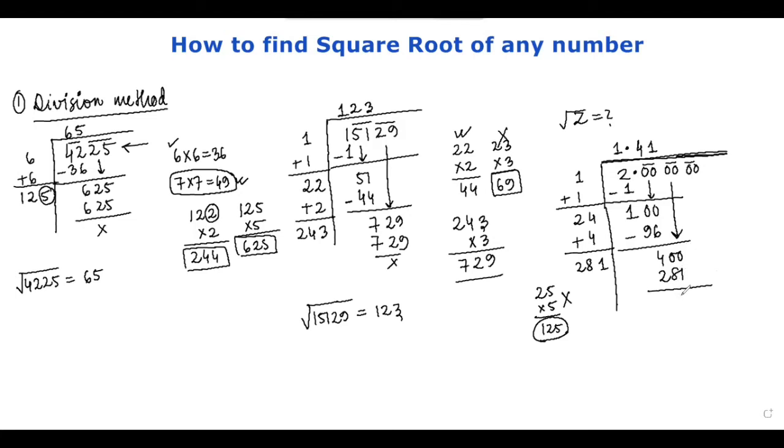After subtracting, this will be 119. Okay, so here what you have to do is add 1. Okay, so here we are getting 282, and these 2 zeros will come down.